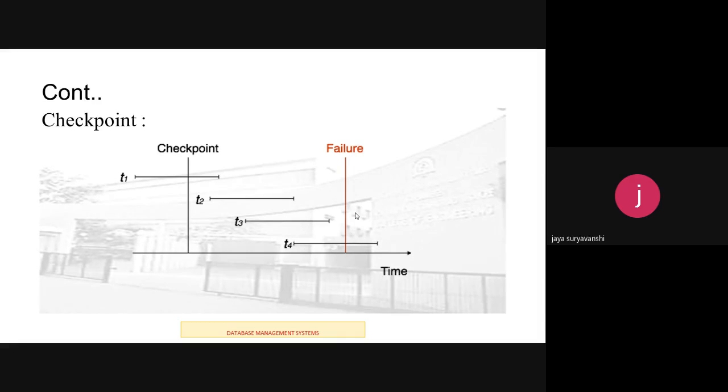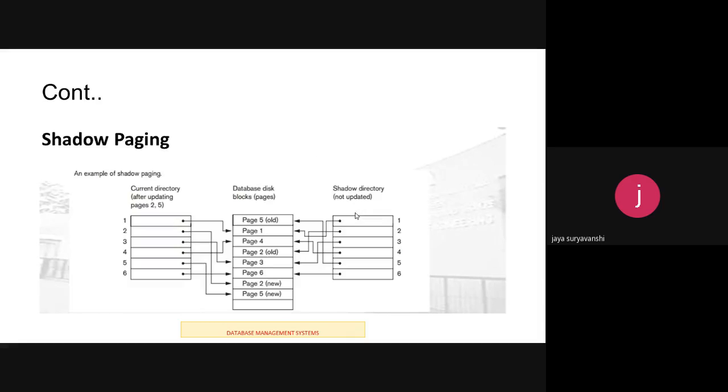Then, for recovery purposes, we keep log records of the transactions performed between Tj, the first transaction, and Tn, the last transaction. This means that transaction recovery can start from the checkpoint log record and not from the first record in the log, so it reduces the time.